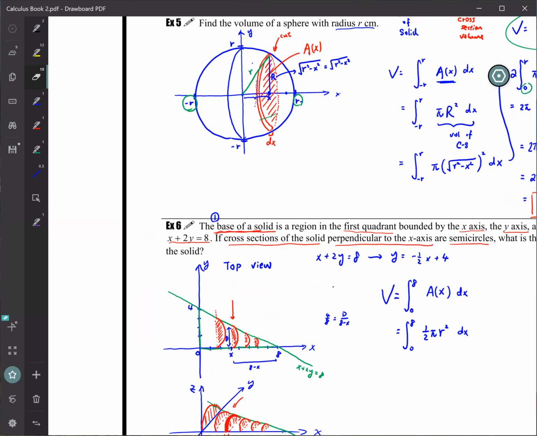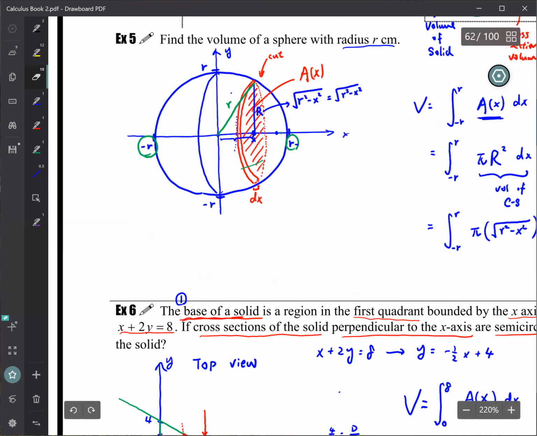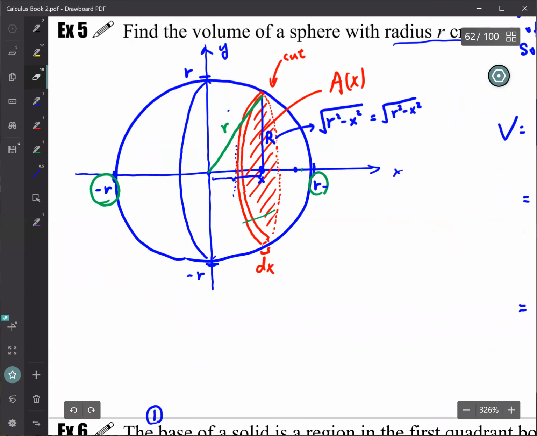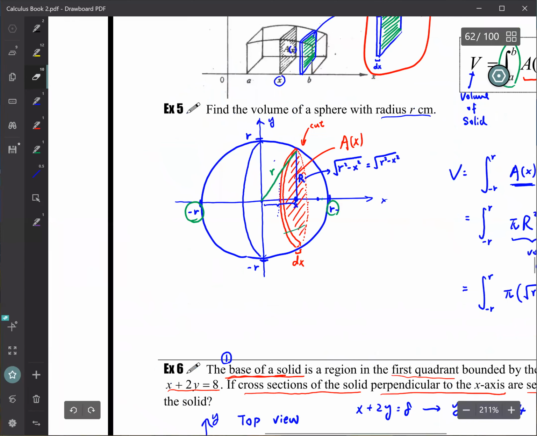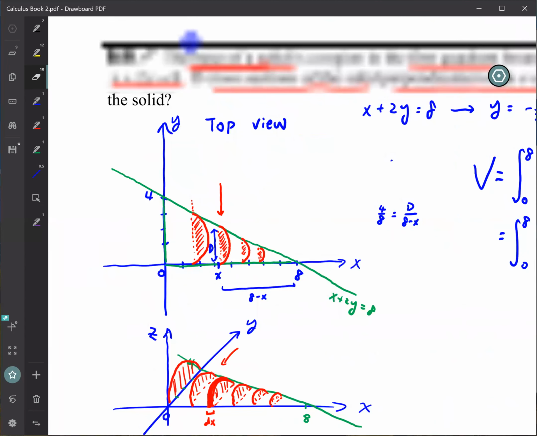Okay, but then before was a sphere, so that's why the sphere, the radius is always the same. The radius of the red, right, is restricted by the radius of the sphere. Okay, the restriction is different. It's inside the sphere, but for this one, it also has radius for the cross section, but this time the radius is restricted by the triangle, right?